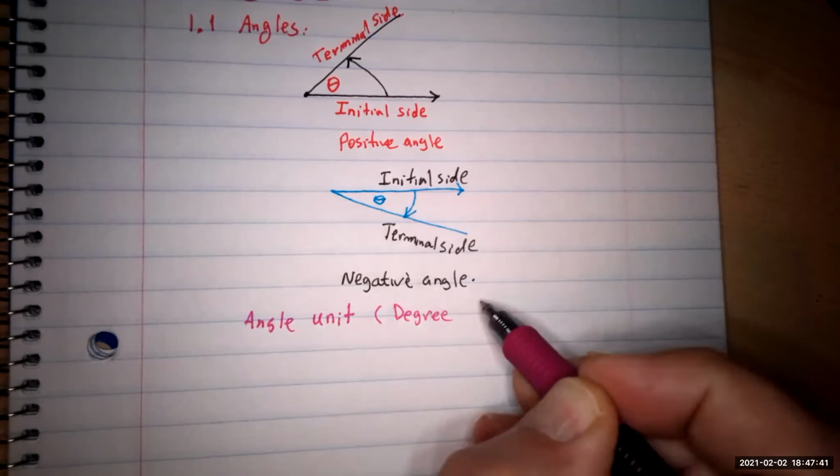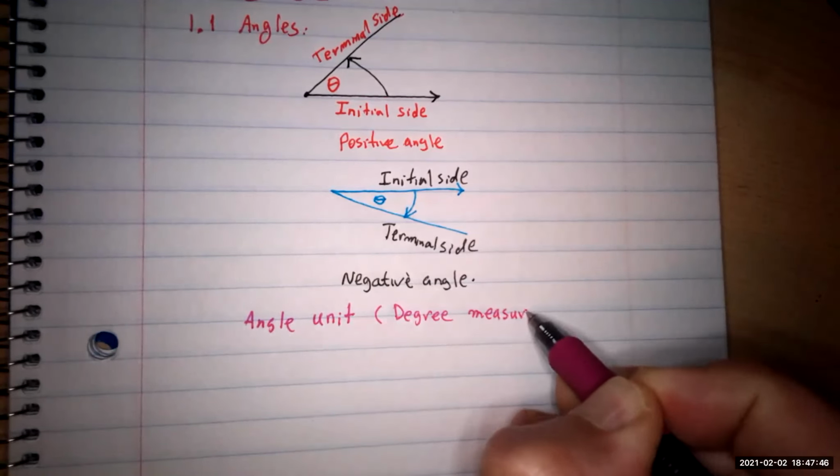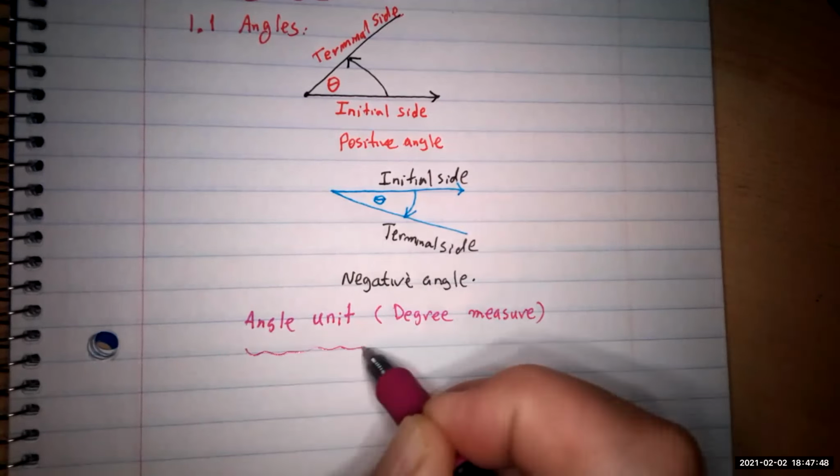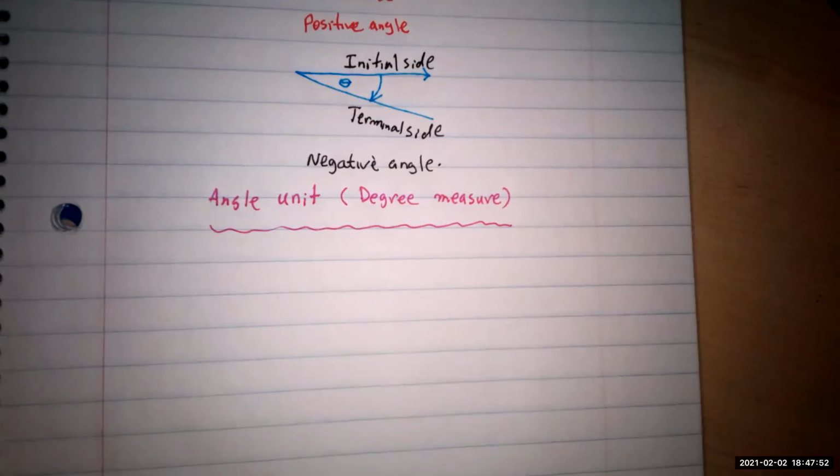What's going to be degree measure? Now the distance, you can measure the distance by what? Inches, feet, meters, centimeters, etc. But in the case of the angle, the measurement is called degrees.